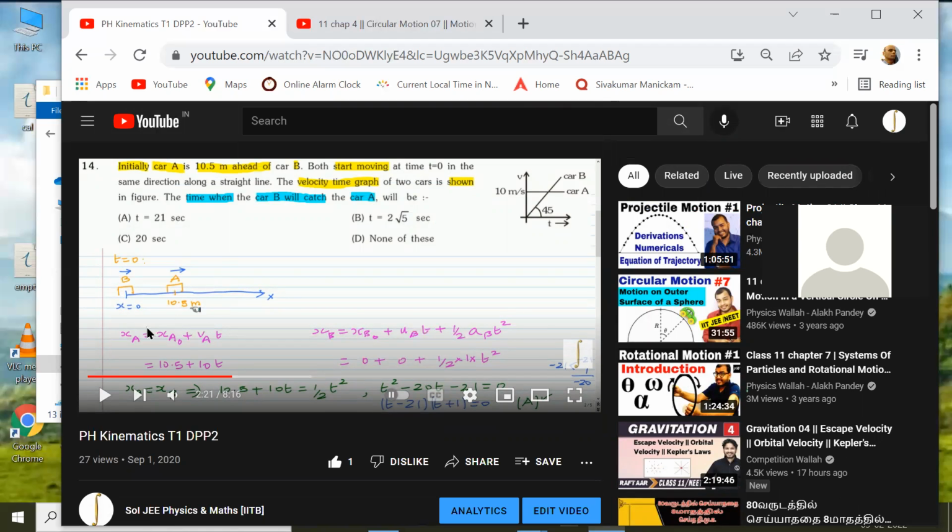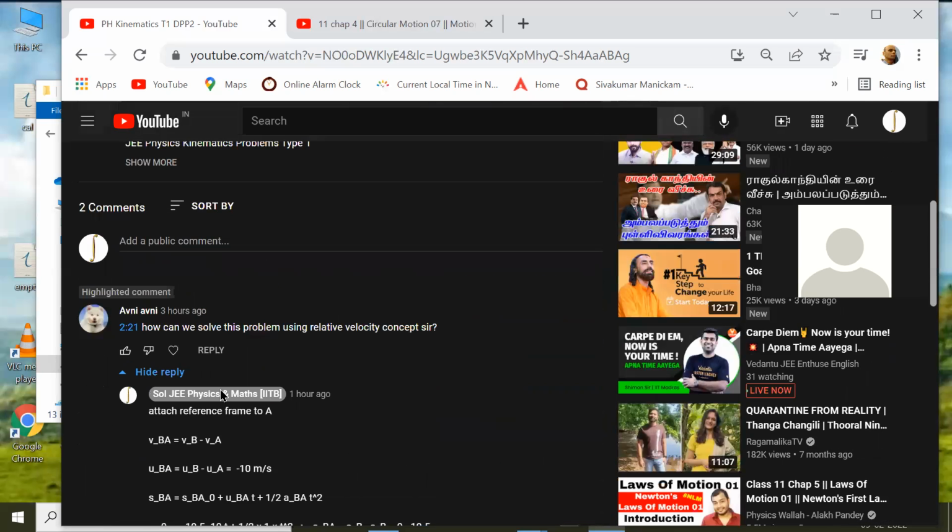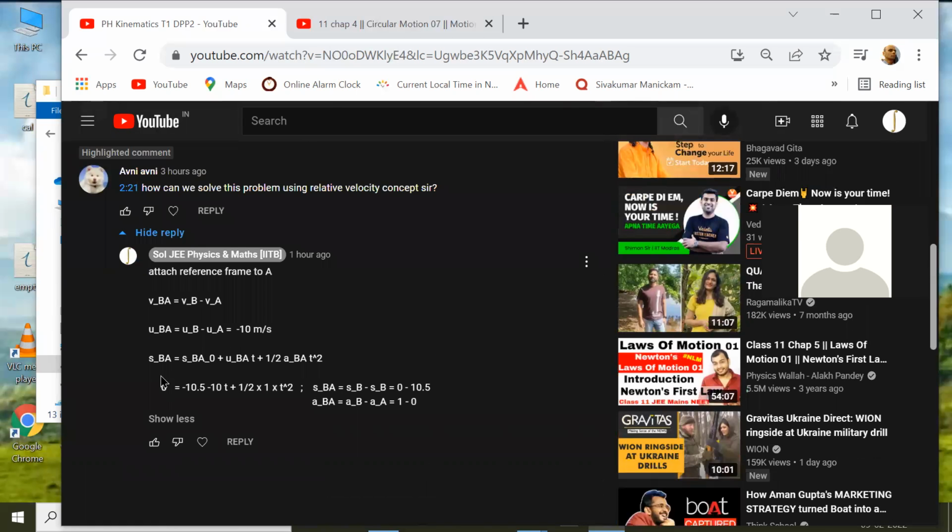And it's VB minus VA, and UA is positive, so it's minus 10. And this SBA is initial displacement plus UT plus half AT square, and everything is with respect to A. Is this equation clear? S equal to UT plus half AT square.